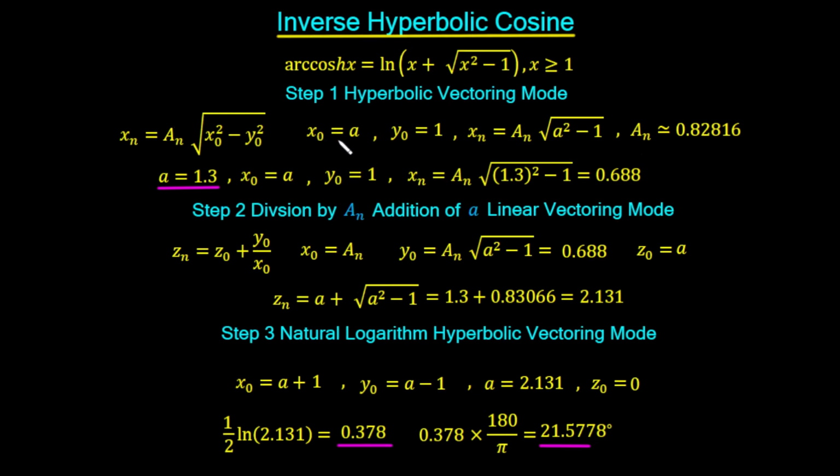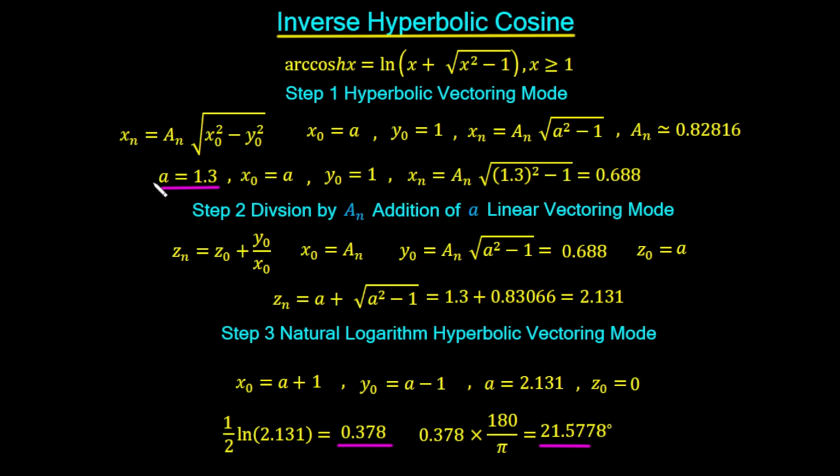If we make x naught equal to some value, let's call it a for the moment, and we let y naught equal 1, then we'll be left with An times the square root of a squared minus 1. This is really in the same format as this part here. The only difference is we have this extra factor of An, which is our gain factor, which for hyperbolic vectoring mode is approximately equal to 0.82816.